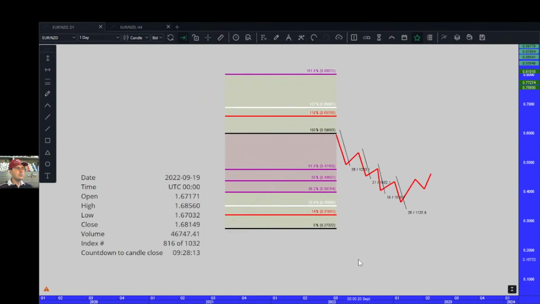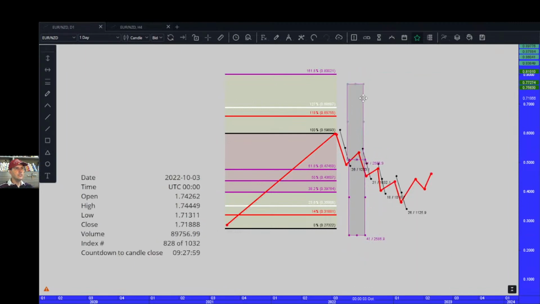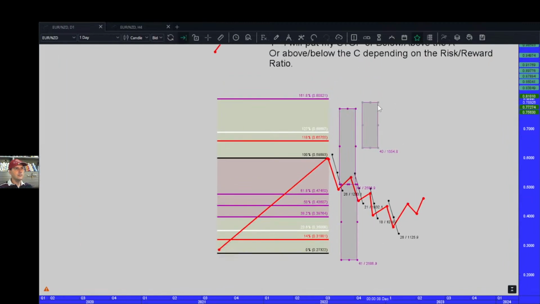This would be the counter trendline break with candlestick formations. So the first one, if my stop loss is below the A, the risk reward is not bad, but it's also not good, right? Because I'm going 1 to 1.